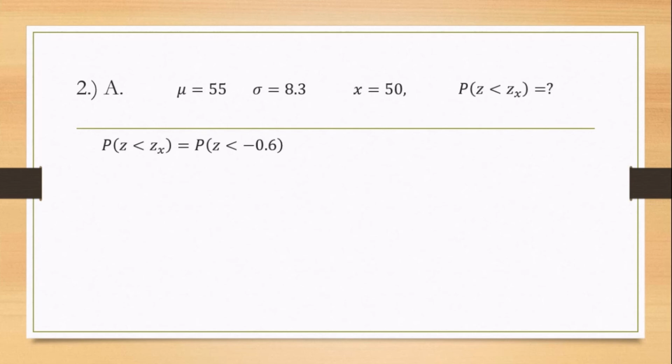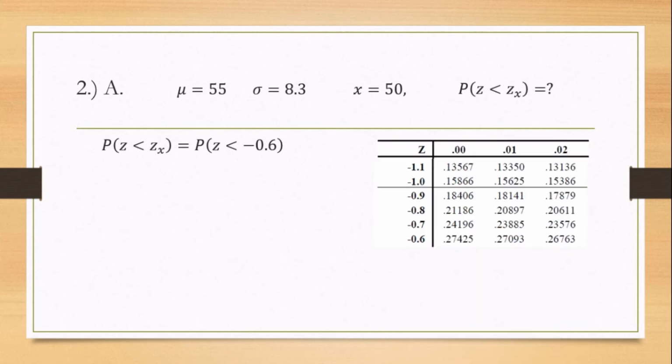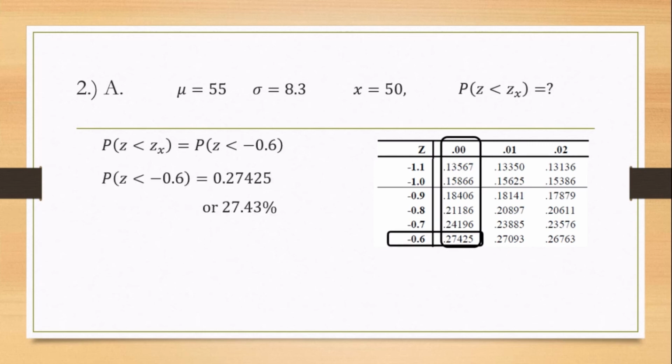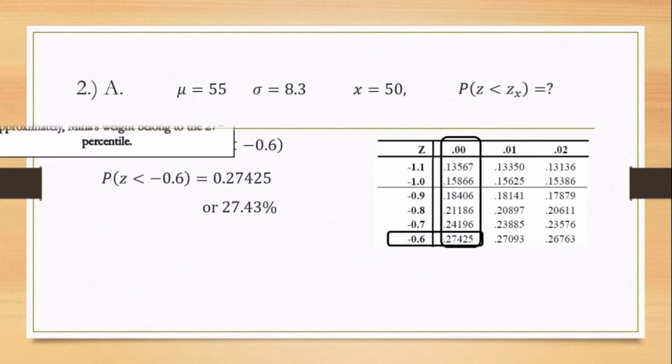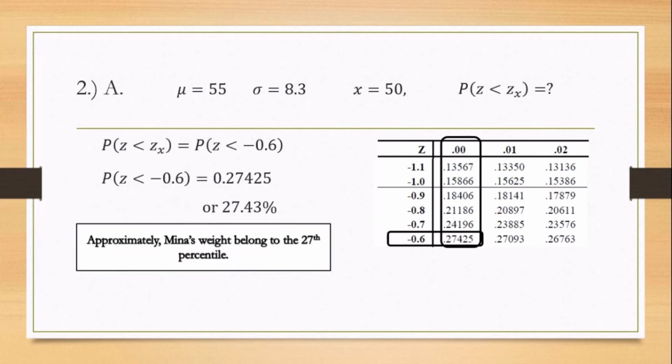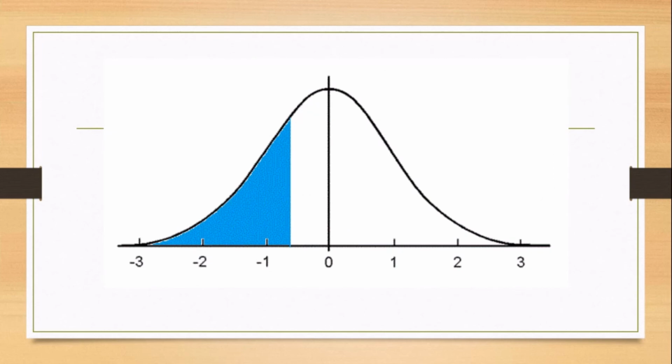We then get 0.27425, which is, when converted to percentages, 27.43%. Therefore, Mina's weight approximately belongs to the 27th percentile. This is the area coverage shown in the normal curve.